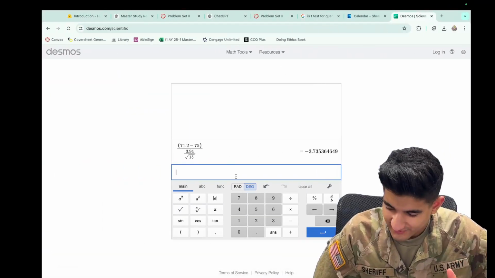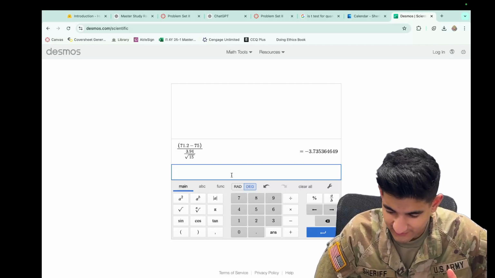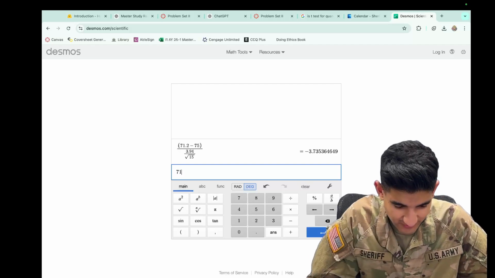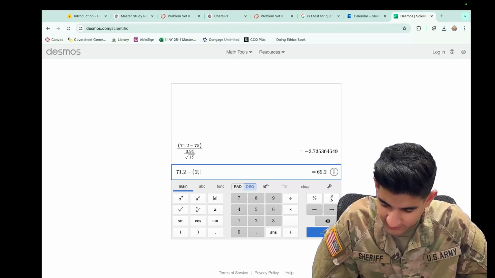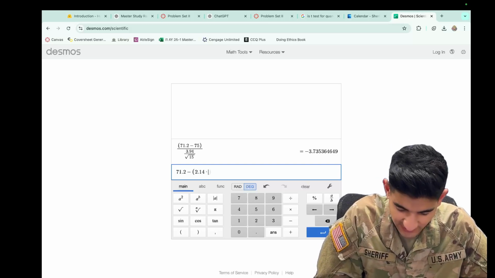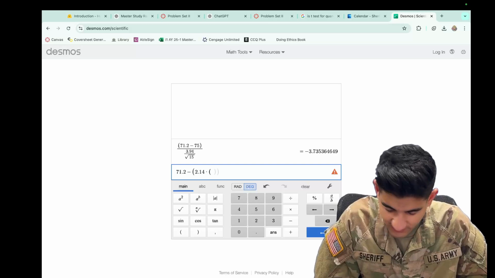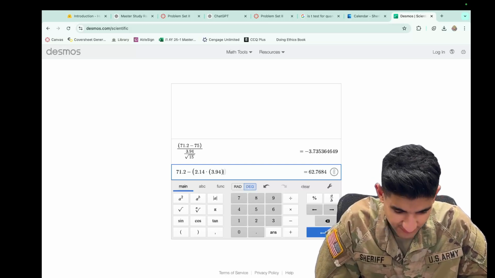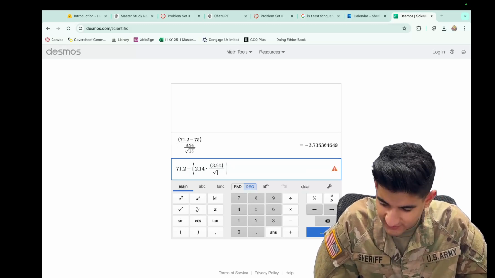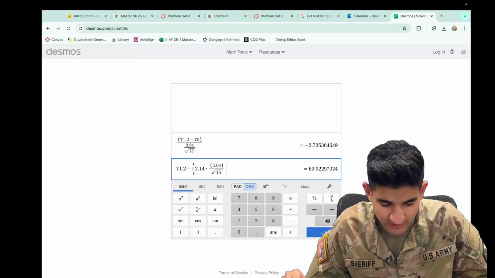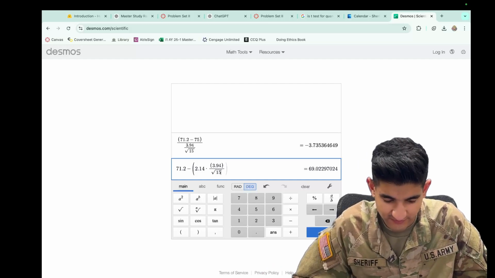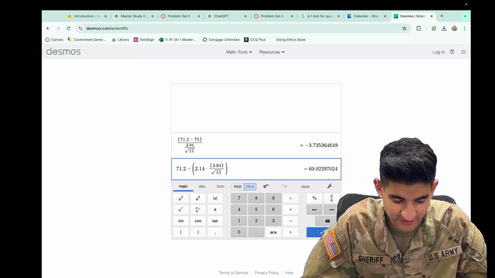Cool. So what I'm going to do is 71.2 minus 2.14 times 3.94 divided by the square root of 15. That's what I got from the formula.